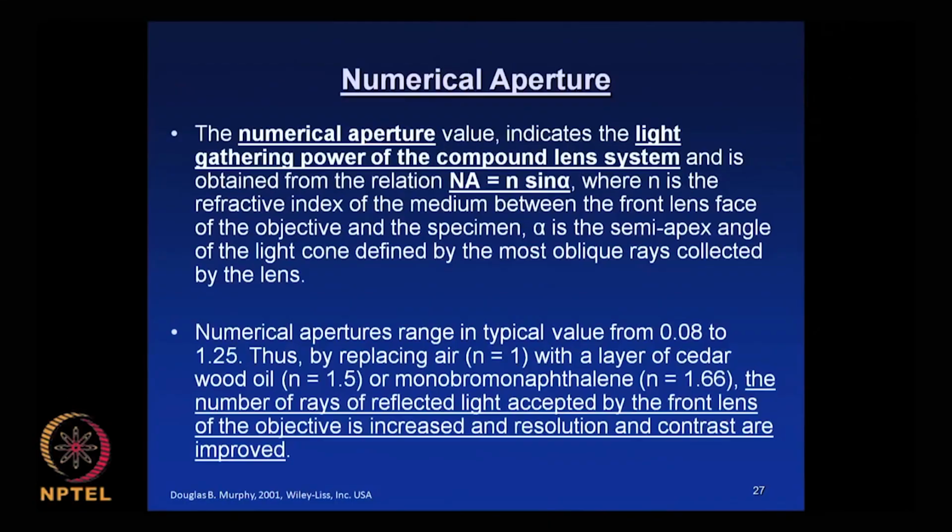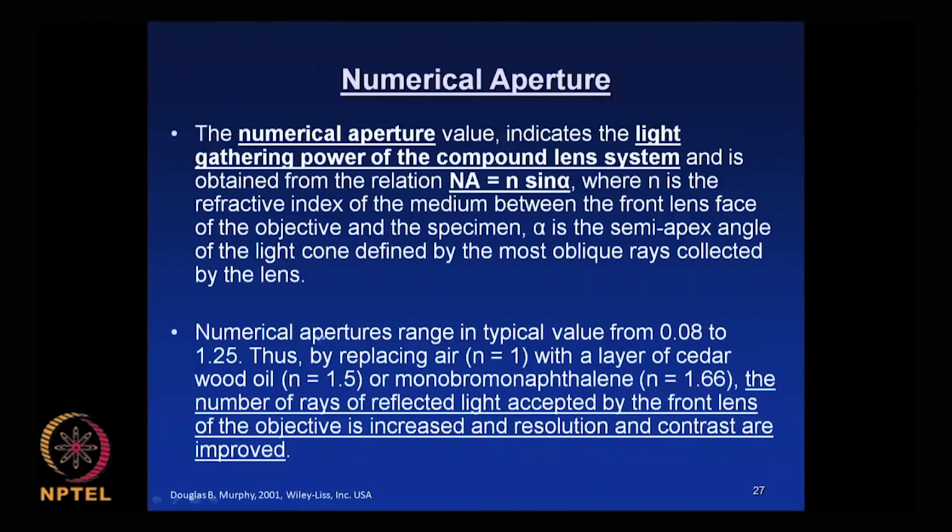The numerical aperture value indicates the light gathering power of the compound lens system, and it is obtained from the relation numerical aperture equals n sin alpha, where n is the refractive index of the medium between the front lens face of the objective and the specimen. Alpha is the semi apex angle of the light cone defined by the most oblique rays collected by the lens.